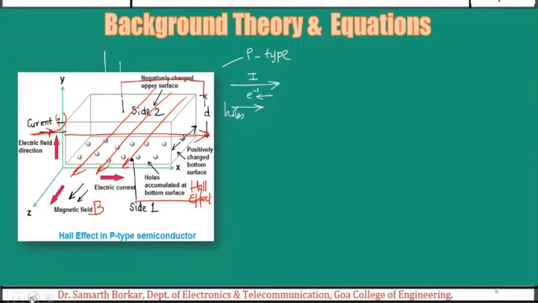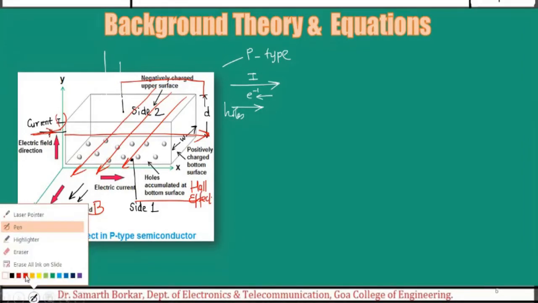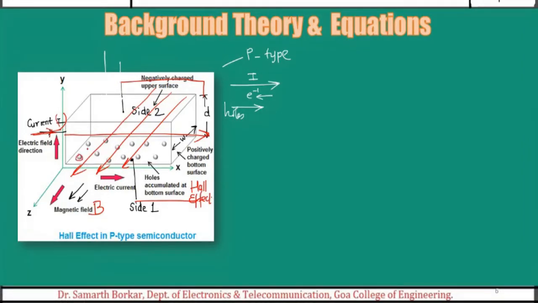These are the holes here. They will accumulate at the bottom plate, that is side 1. So this side 1 becomes positively charged because there are plenty of holes here, and we have considered holes to be positive charge. It is the absence of electron. Fine, for our understanding.